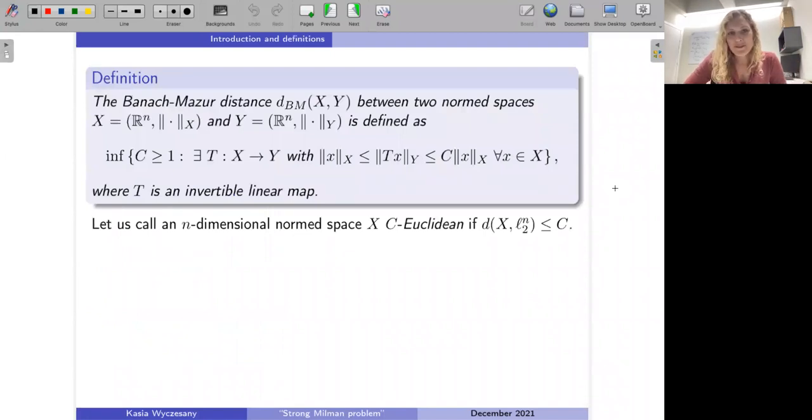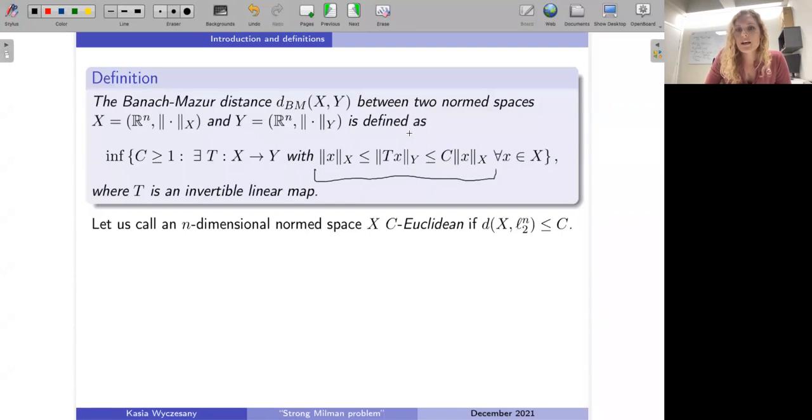A definition that probably all of you know well: the Banach-Mazur distance between two normed spaces X and Y of the same dimension is defined as the infimum over constants C such that there exists an invertible linear map T from X to Y such that this inequality holds.